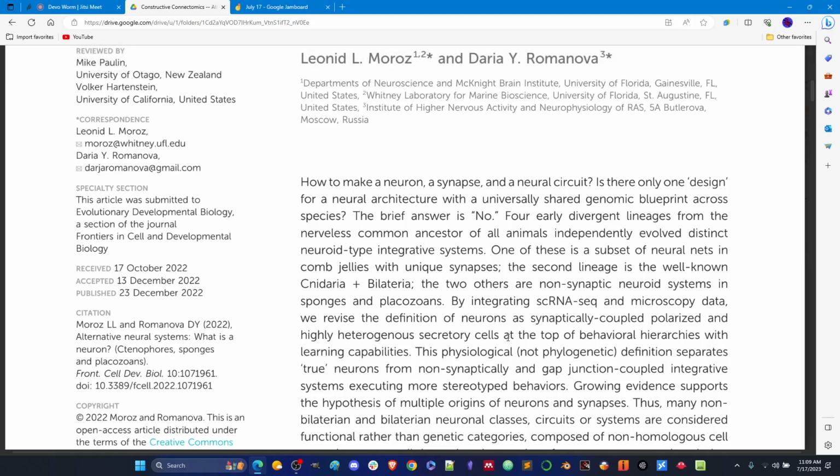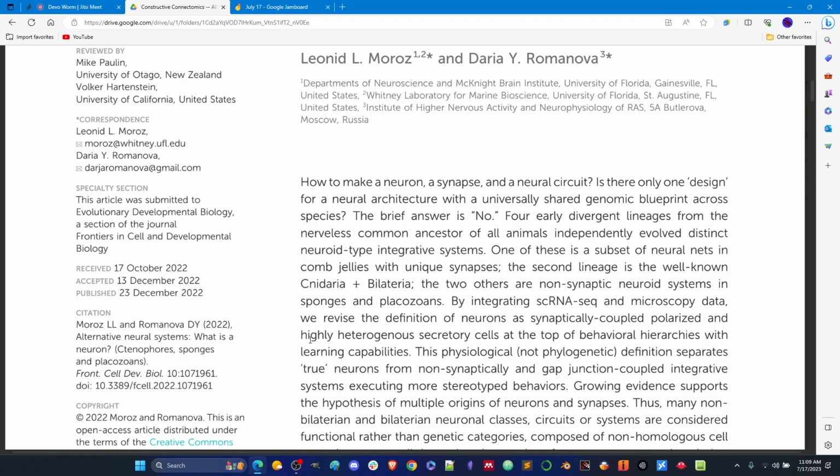We talked about synaptically coupled, so they're coupled in some way. Actually, I think synaptically coupled might be a little bit off, because they did talk about how there are these non-synaptic neuroid systems, but you do have to have connections between them. All right, so the network has to have connections.